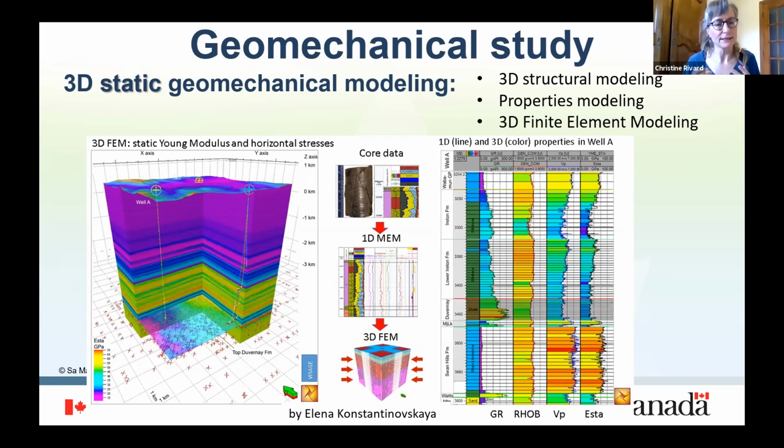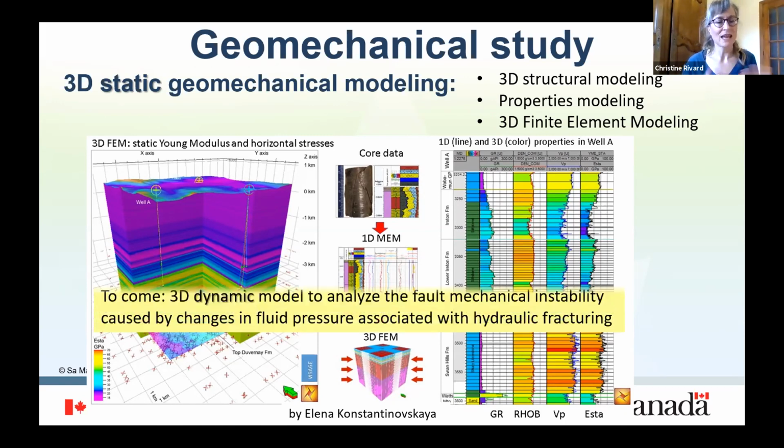Then properties modeling, so properties were propagated within the 3D structural grid between the available wells. And 3D finite element modeling, which led to the estimation of the 3 principal stresses. A 3D dynamic model will be developed in the coming months, which will allow us to analyze the fault mechanical instability caused by changes in fluid pressure associated with hydraulic fracturing.